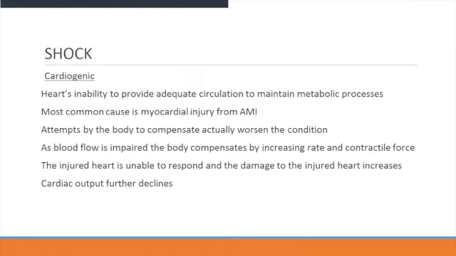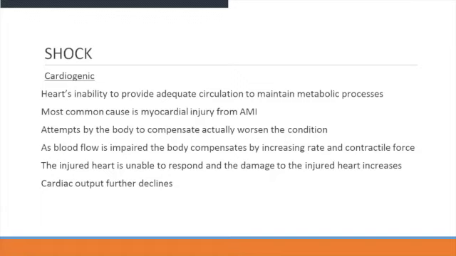So whenever the body tries to correct this to keep it from happening, it's going to work harder. It's going to say, okay, I need to pump harder to basically try to circulate more oxygen or give more oxygen to my tissues. Well, that part of the heart is still suffering, so therefore it's starting to work harder. With the more workload, it's going to cause the injury to get even worse.